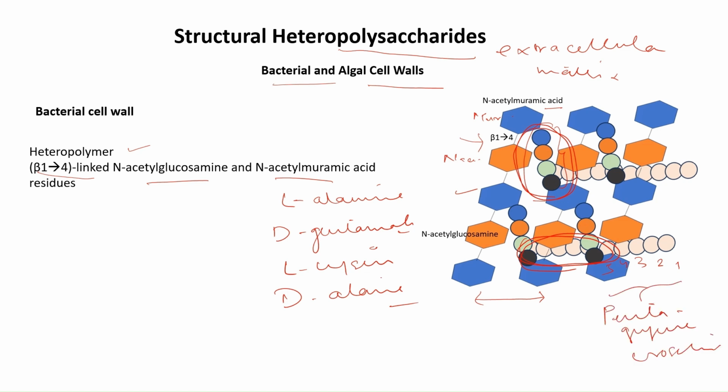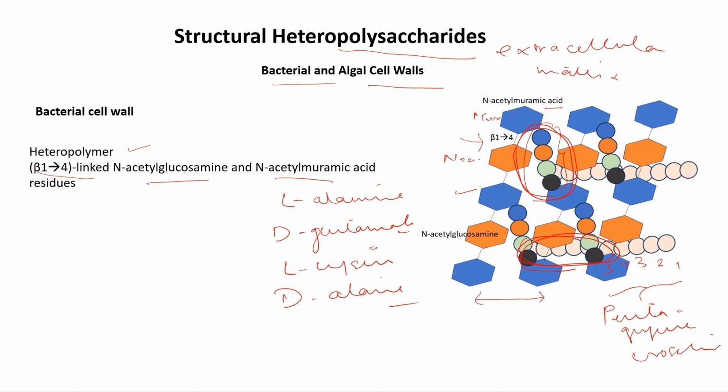So bacterial cell wall is a heteropolymer consisting of N-acetylglucosamine and N-acetylmuramic acid alternatively. Now, one molecule of N-acetylglucosamine is linked to the next molecule through beta-1,4 glycosidic bond. These polymer chains are placed side by side and they are cross-linked with small peptides.